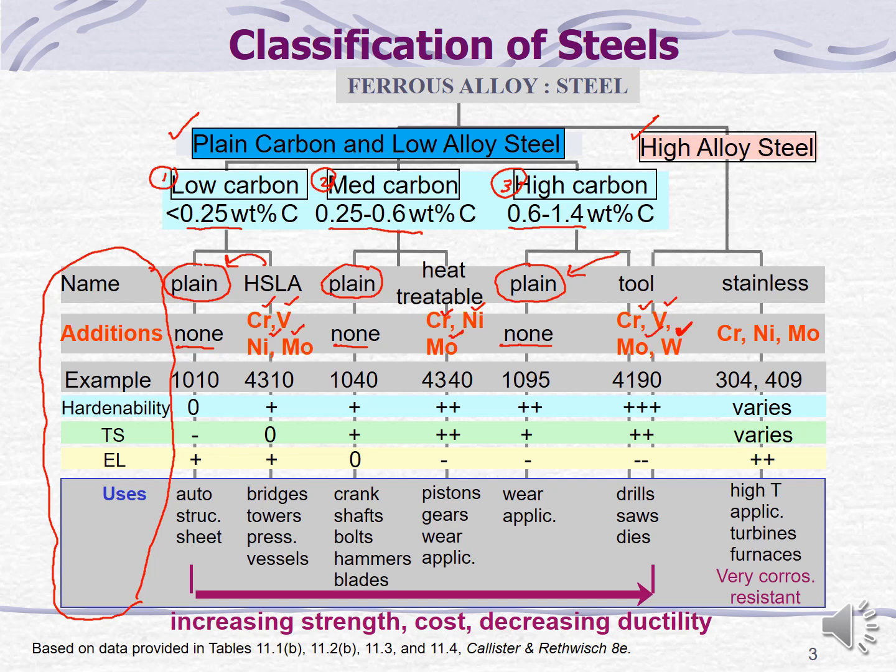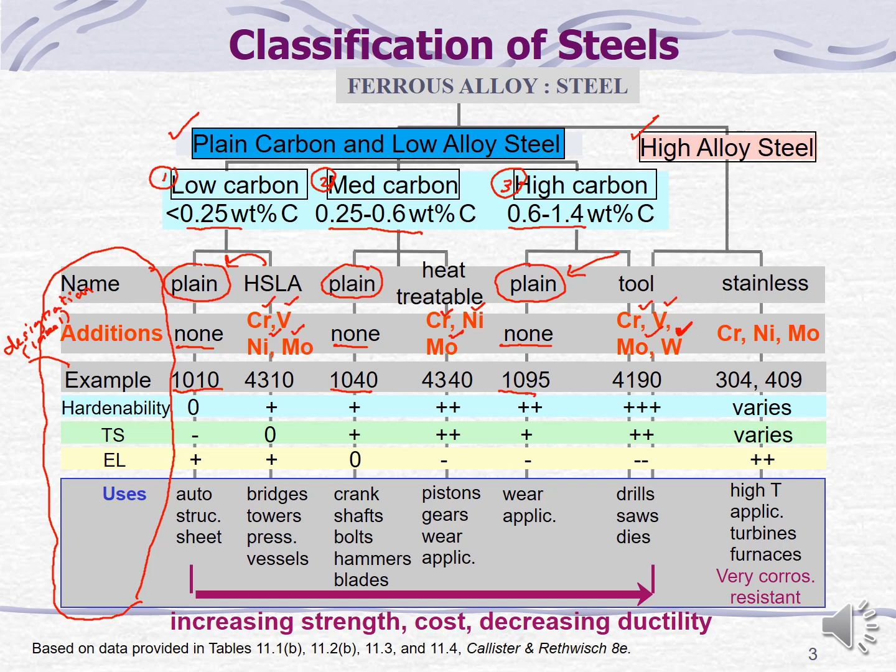Okay, example here is referring to the designation, or the label of the steel. For the plain carbon steel, it starts with 1, 0. You can see the comparison here. For the plain, all plain carbon start with 10.